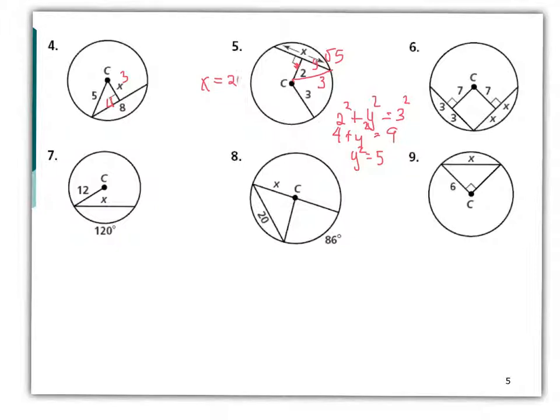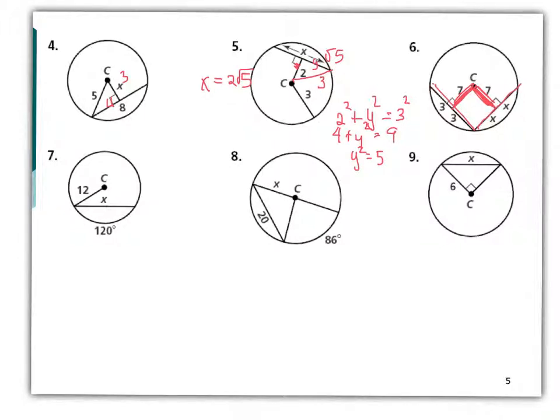So the whole thing is x equals 2 square root of 5. Then we get to number 6. This one, we actually haven't talked about this property yet, so I'm going to talk about it now, but it's coming up in a slide. Notice you have 2 segments here that are congruent, and so that means that these chords are equidistant from the center.